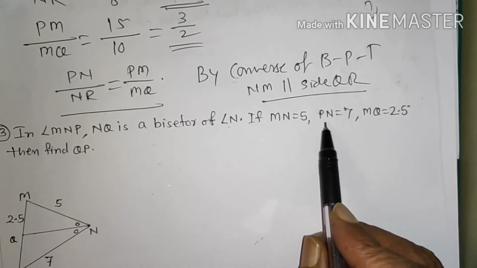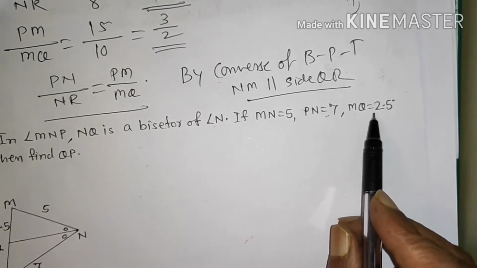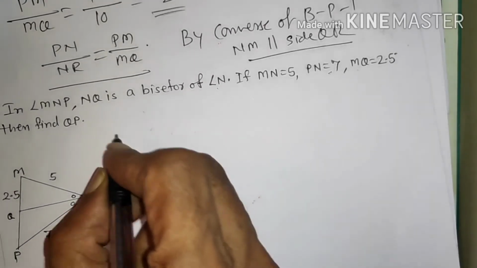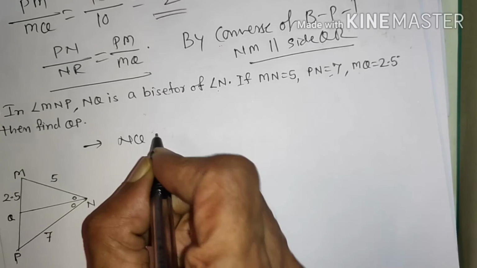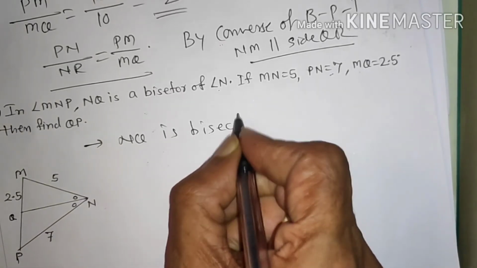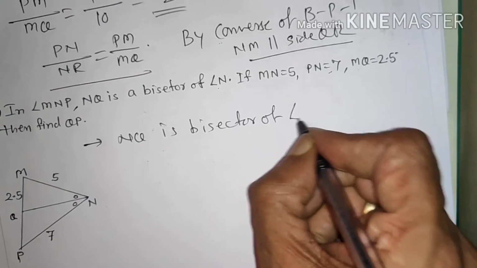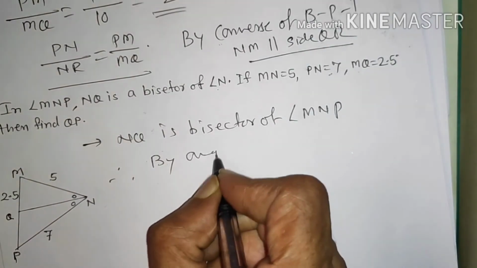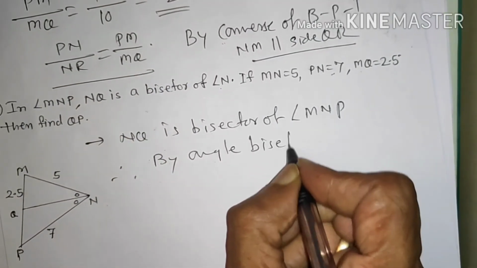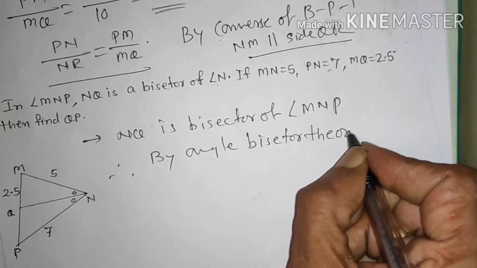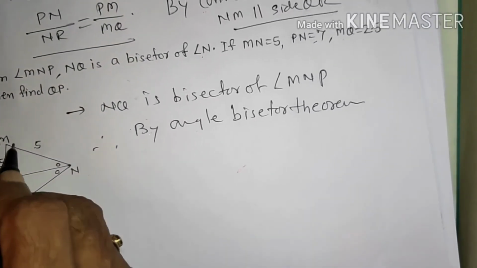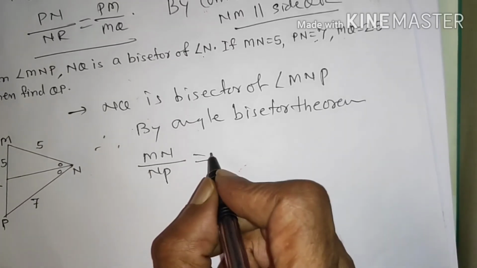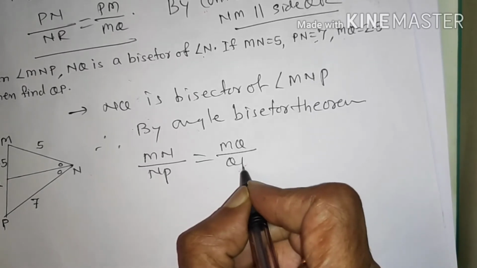Next, in angle MNP, NQ is bisector of angle N. If MN is equal to 5, PN is 7, MQ is 2.5, then find PQ. Simple. Angle bisector is given. NQ is bisector of angle MNP. Therefore, by angle bisector theorem, MN upon NP is equal to MQ upon QP.